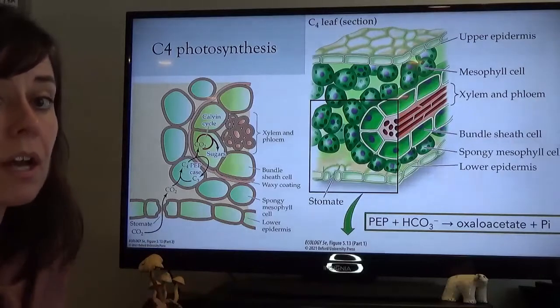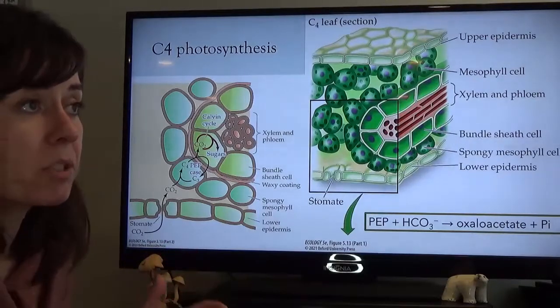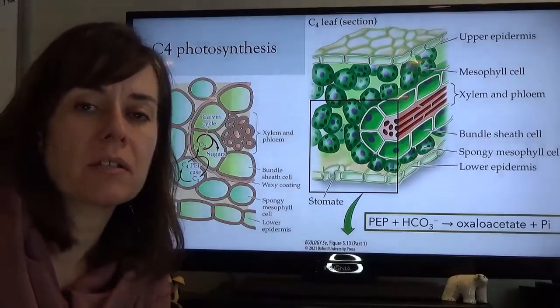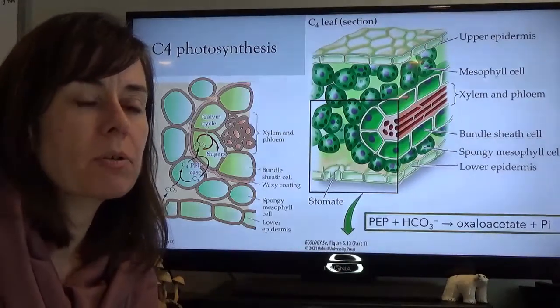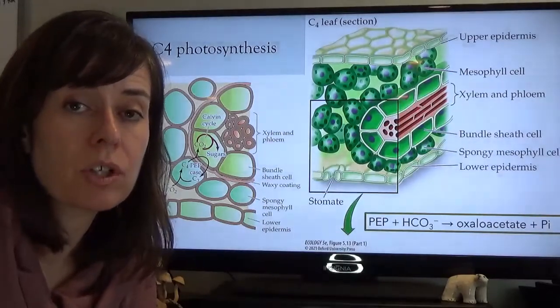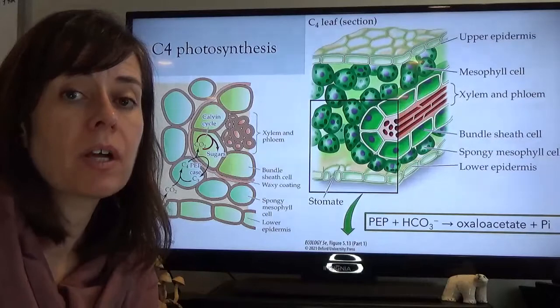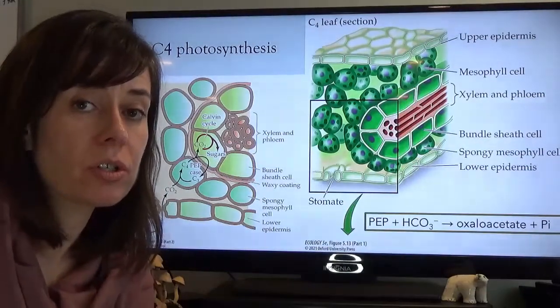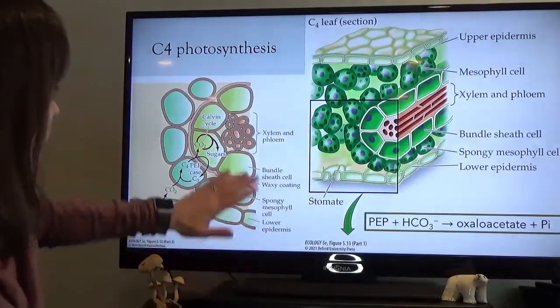So what these adaptations are really focusing on is removing the opportunity for photooxidation. The way they do that is by concentrating CO2 around the places where carbon dioxide fixation occurs, so where we have rubisco.